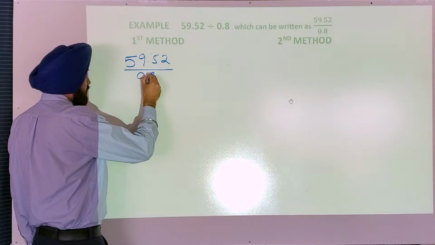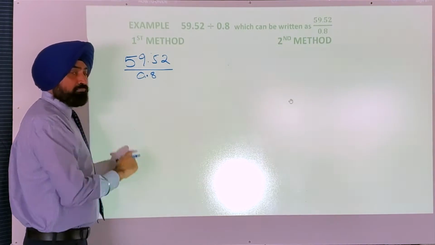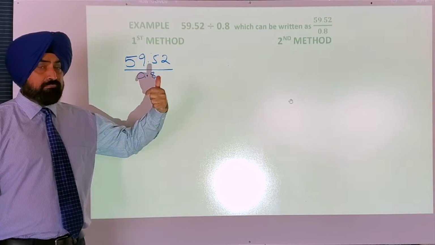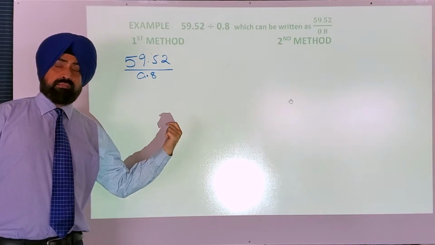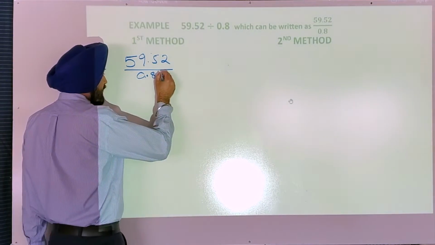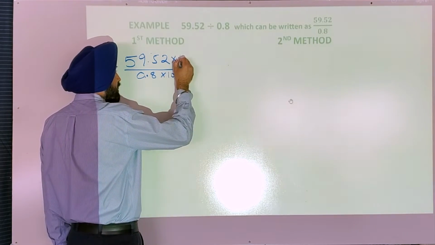In this case, there is one number after the decimal. If we multiply 0.8 by 10, we get 8. Simply, we get rid of the decimal at the bottom. Whatever I do at the bottom, I can do the same at the top.